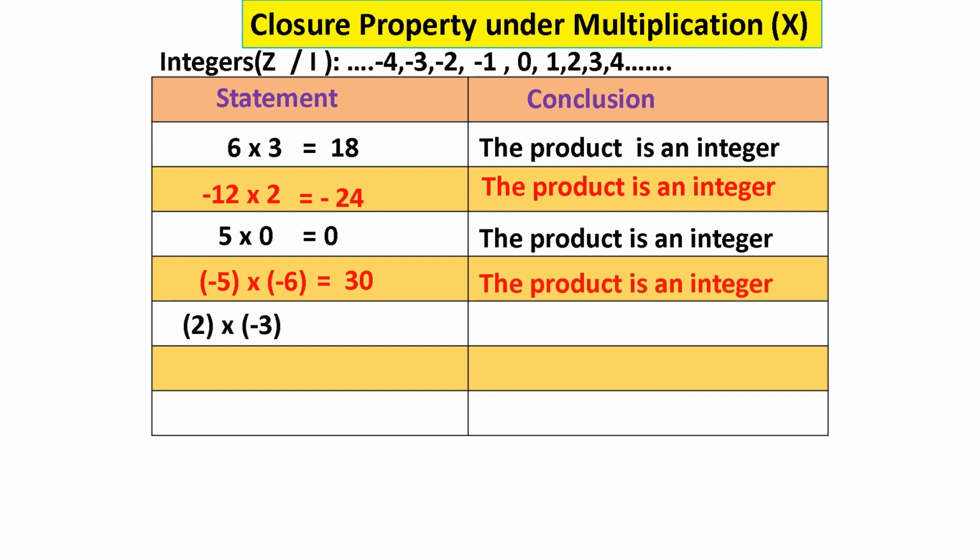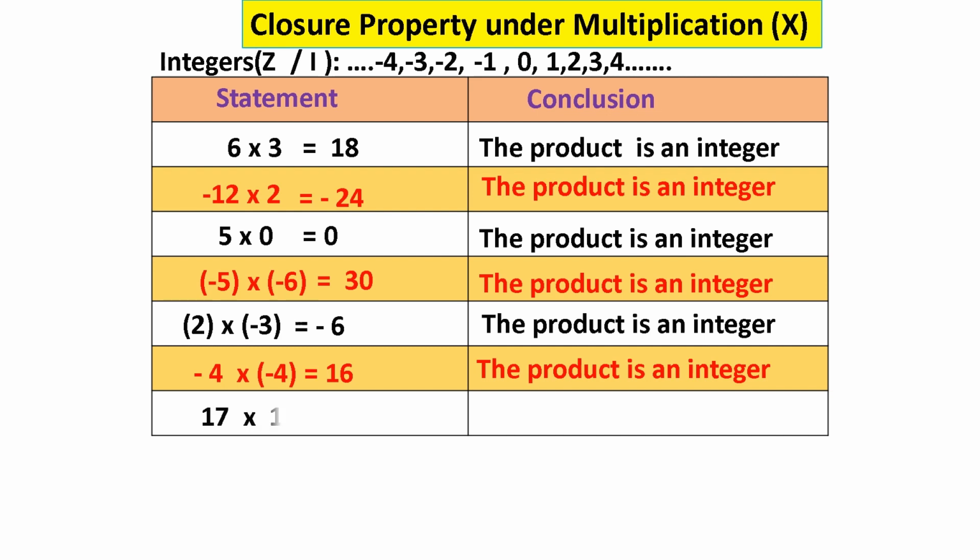Now 2 and minus 3. The product of these two, we will get minus 6. Minus 6 is also an integer. So here we conclude that the product is also an integer. Minus 4 and minus 4: we take the same integers, but we multiply. Here 4 into 4 is 16, and minus of minus is plus, so we get a positive integer.